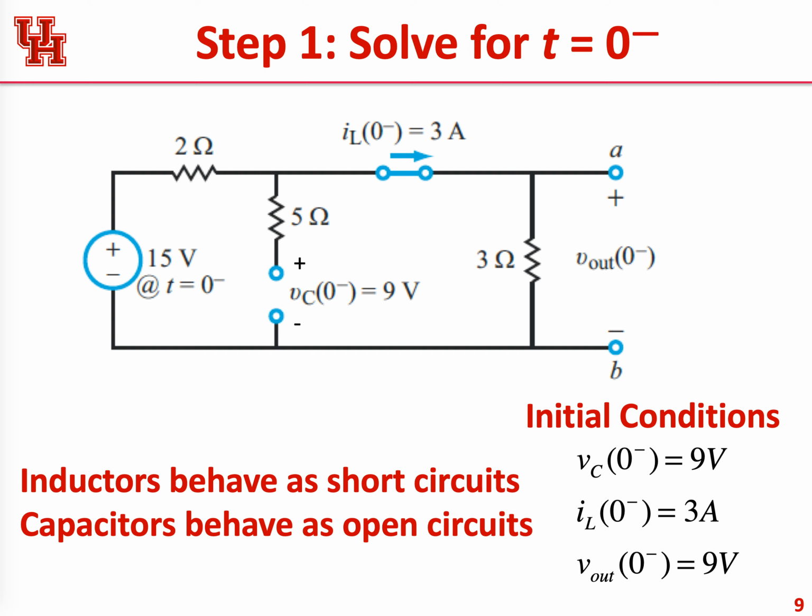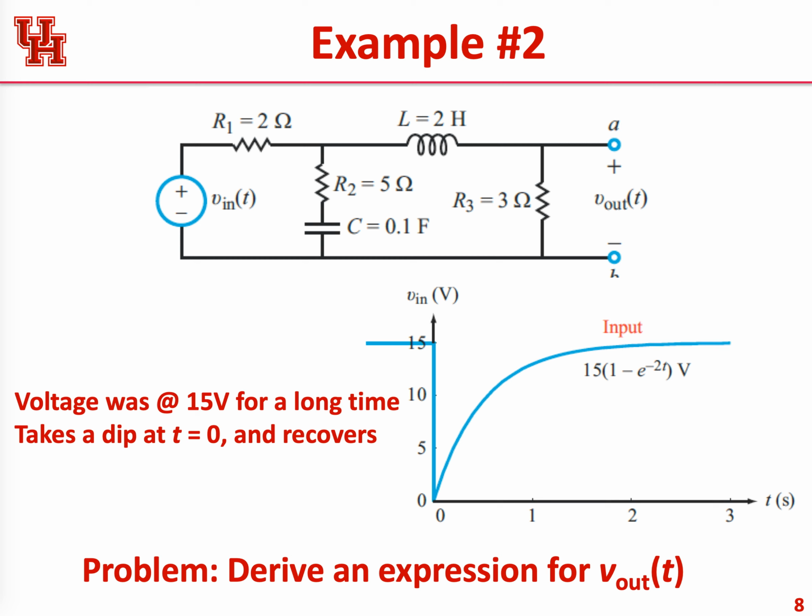And then if you look at the rest of the circuit here, there is an inductor, remember? We had a 2 Henry inductor, but if the current is flowing steadily through it, it appears for all practical purposes like a short circuit. So whereas the capacitor appears like an open circuit, the inductor appears like a short circuit.